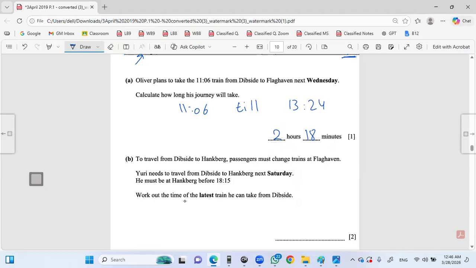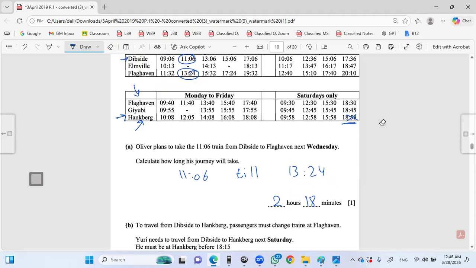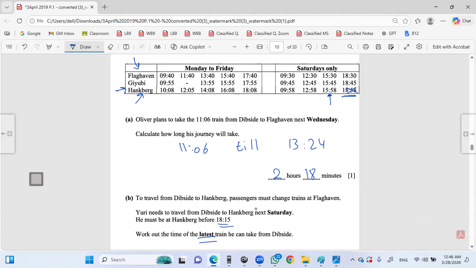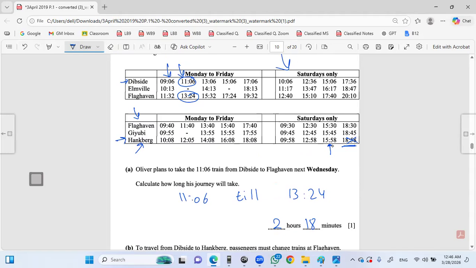They said to work out the time of the latest train he can take from Dipside. So I need the train that comes here. This is the latest that arrives at Hangberg before 18:15. They want before 18:15, so the latest before 18:15 is this one.